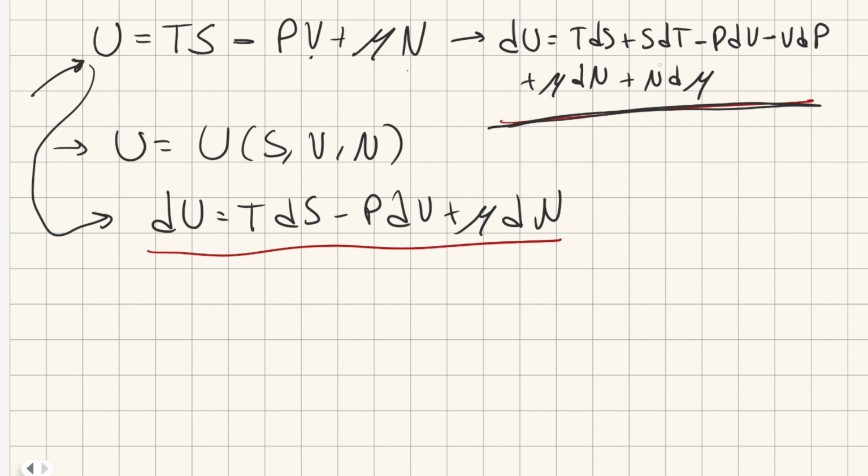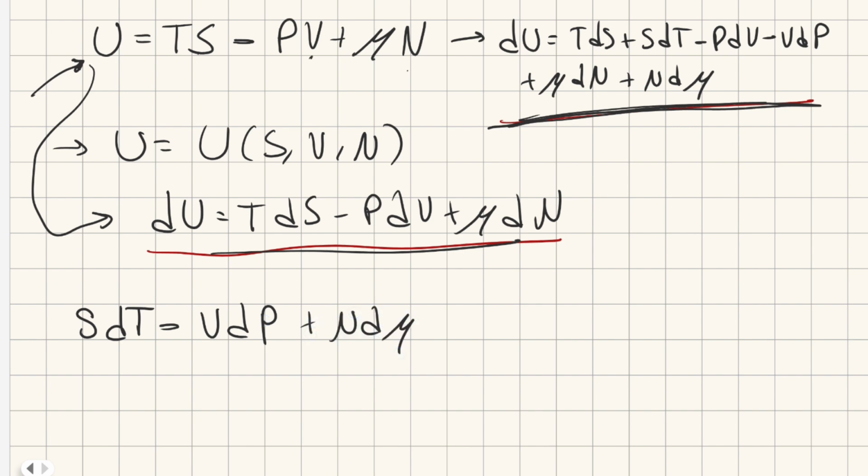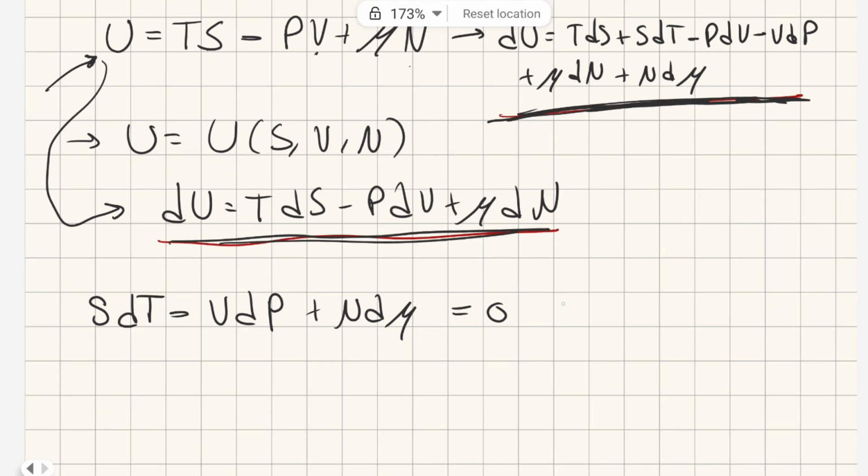Well, if we equate this equation with this, we are going to get that S dT minus V dP plus N d mu is equal to 0, just to make this piece match with this other piece that we have here. And this result is a very famous result in thermodynamics known as the Gibbs-Duhem relation.